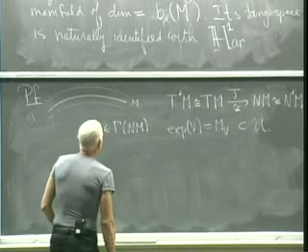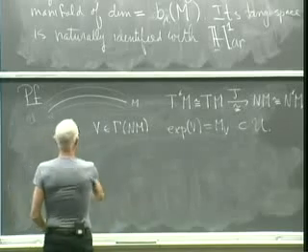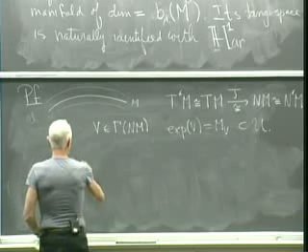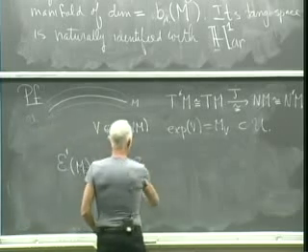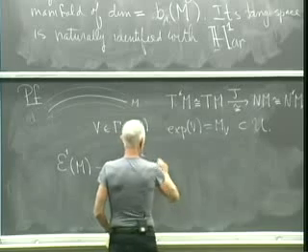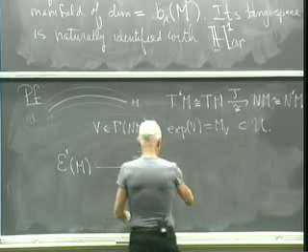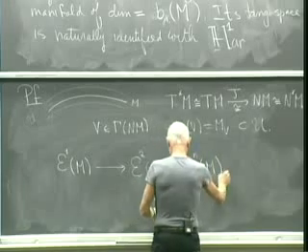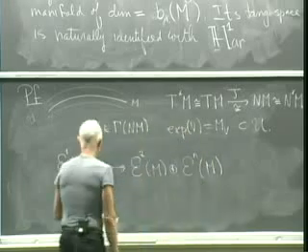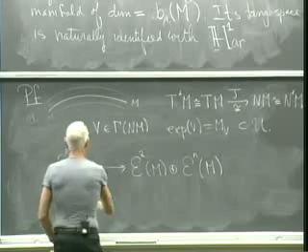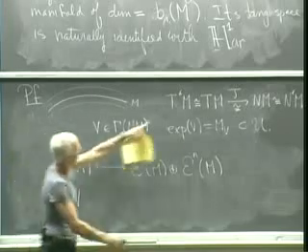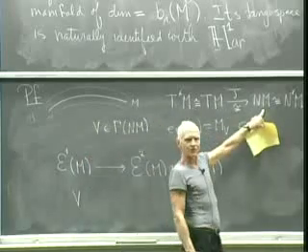Now, the point is that there's a map from one forms on M to two forms on M direct sum n forms on M, given as follows. A one form is the same as a normal vector field.